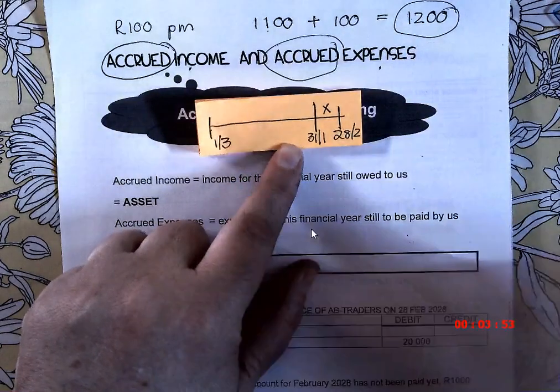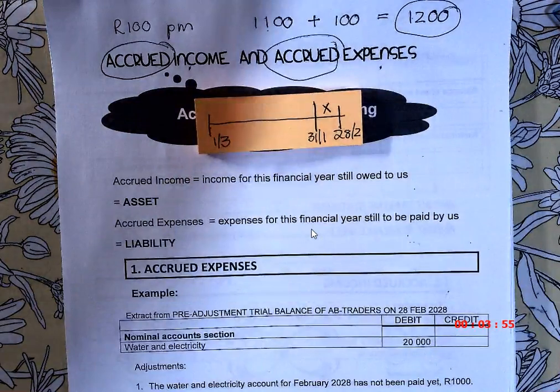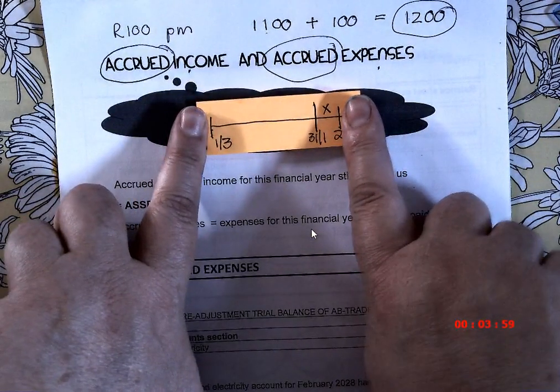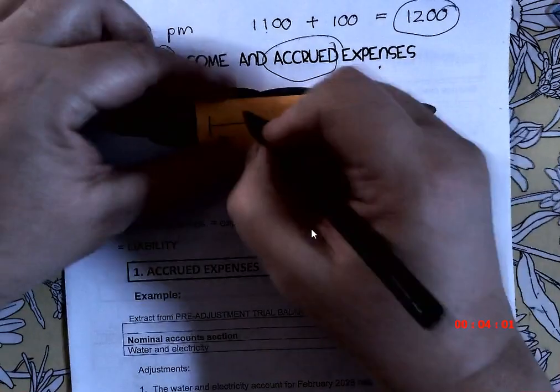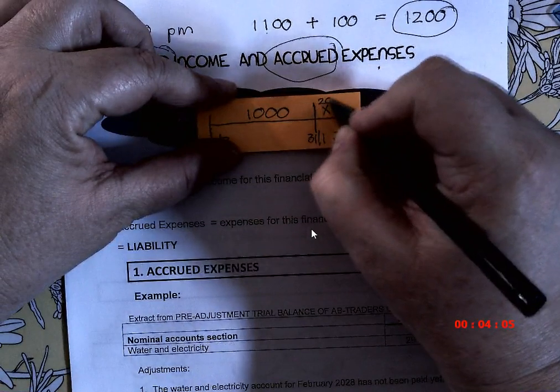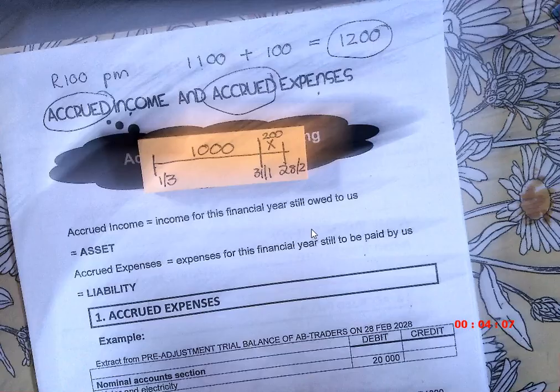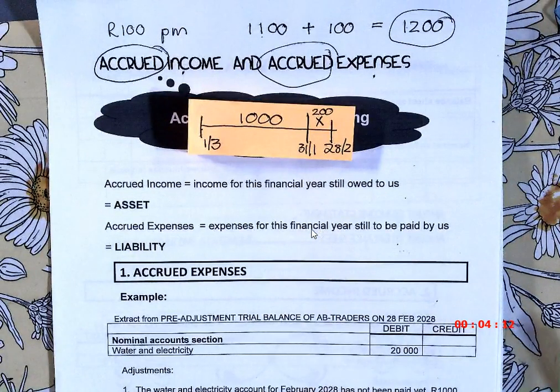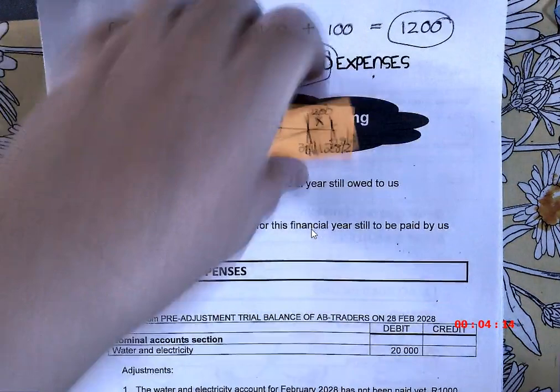Can you see? It's still part of my financial year. So what I have paid up to here, let's say 1,000, and what I still owe, 200, gives me the total expense of 1,200. Is everybody sharp?